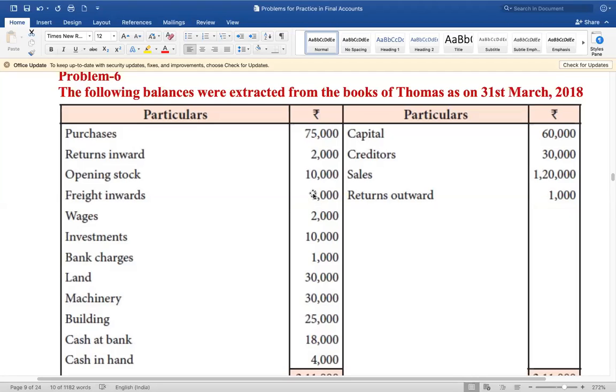But here this is a typical scenario where you have to identify both expenses and incomes and assets and liabilities.